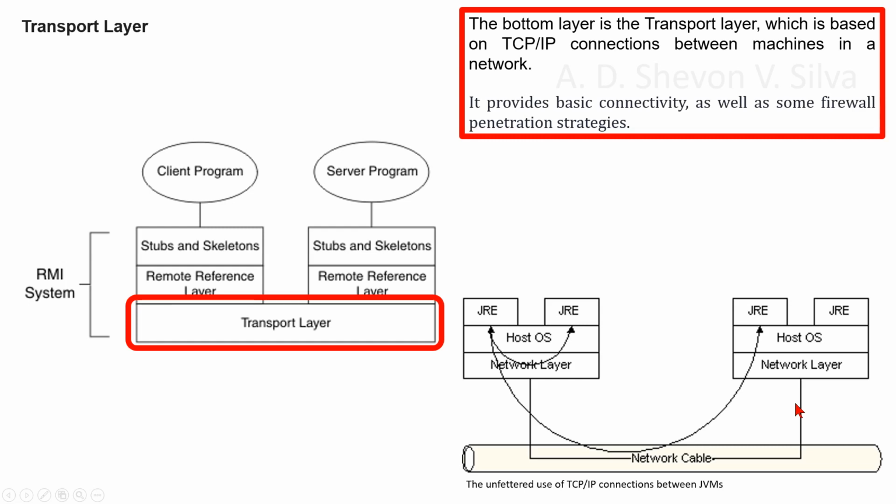This diagram shows the unfettered use of TCP/IP connections between JVMs. As you know, TCP/IP provides the persistent stream-based connection between two machines based on an IP address and port number at each end.